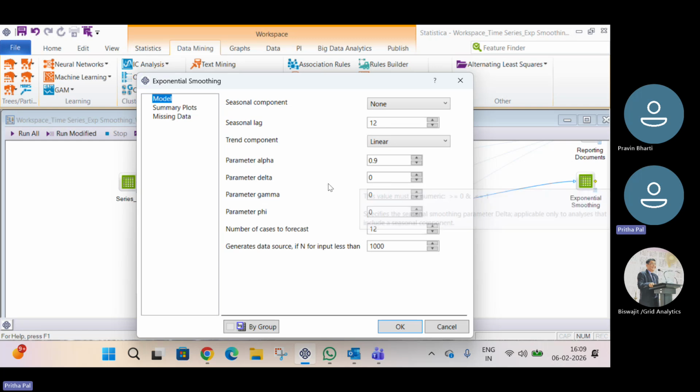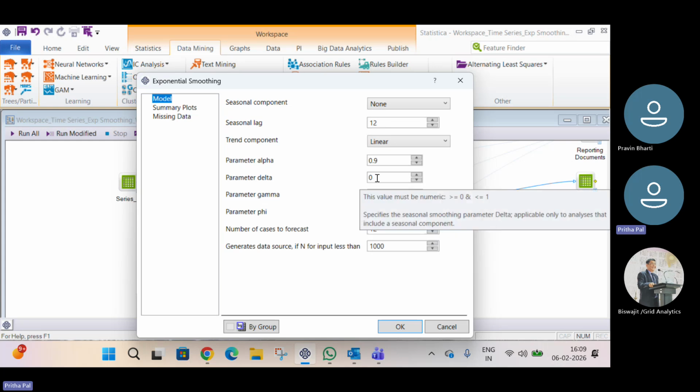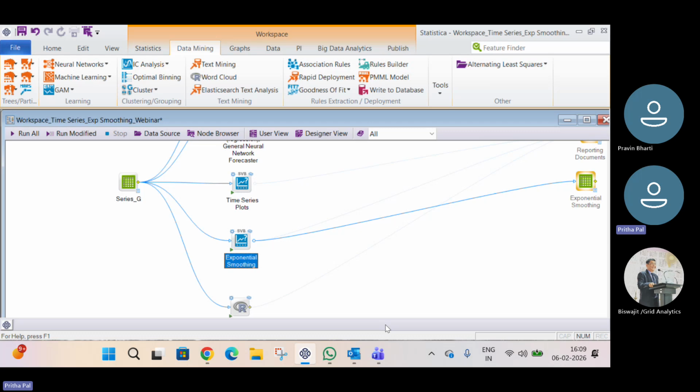Next, again the double exponential smoothing parameter and the triple exponential smoothing parameter. I will be taking the double exponential smoothing parameter again as 0.9 and keeping the third exponential smoothing parameter as 0. And again taking the number of cases to forecast as, suppose, 24. Next, click OK.